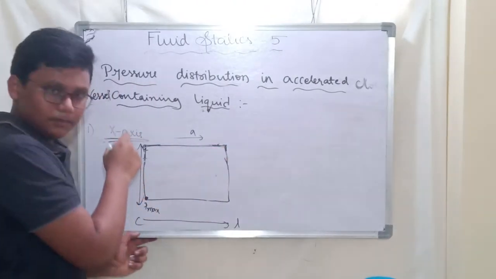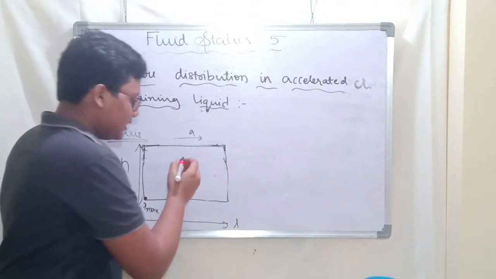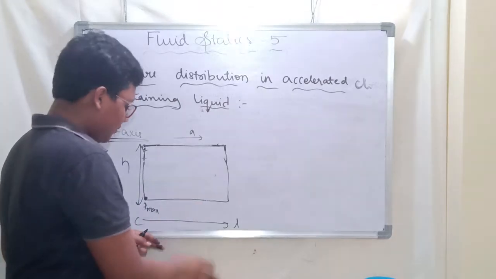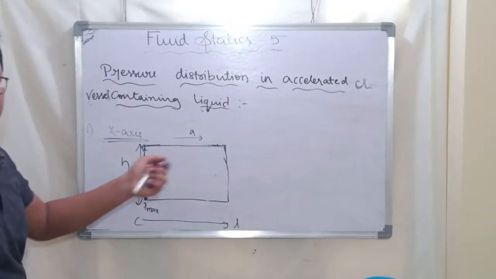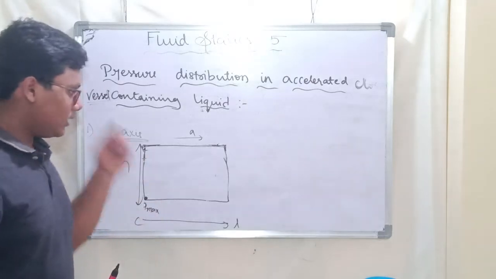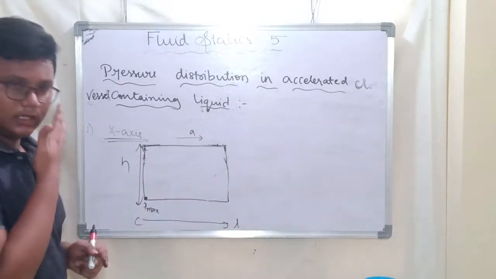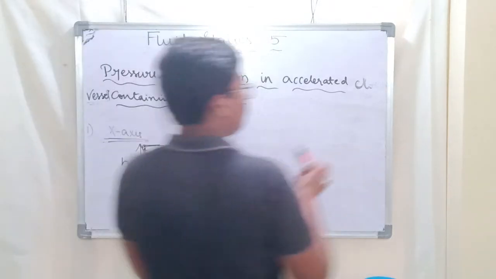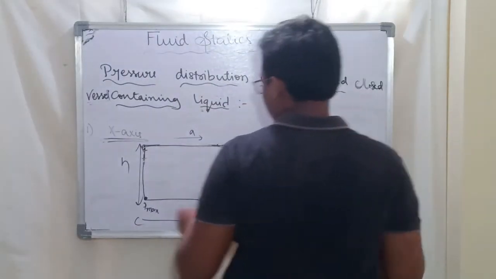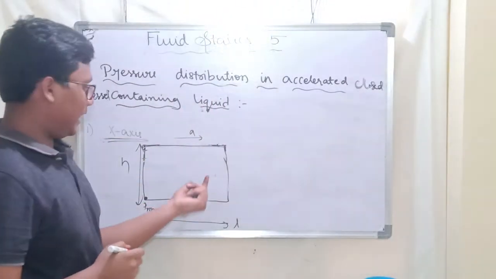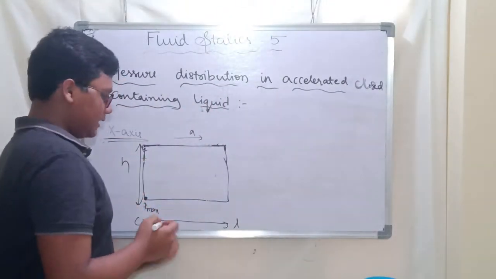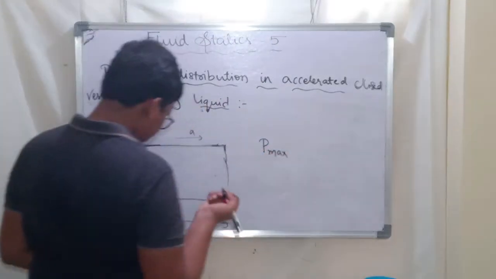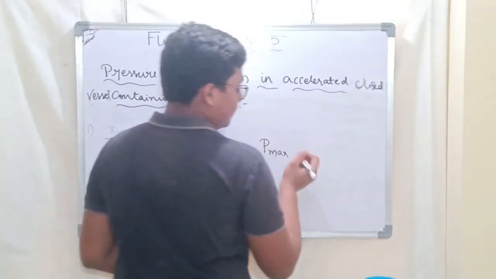We can find the pressure at different points, but the important point is here. After knowing those, you can directly derive them. So I will say only this one: P max is equals to, at this point.